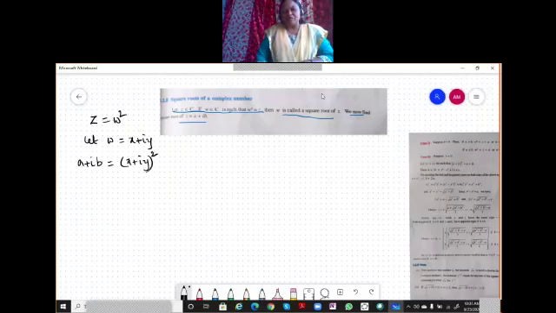So a plus ib is equal to, if we square this, we get x square plus iy whole square. What is iy whole square? It's nothing but i square into y square. What is i square? Minus 1. So here we get x square minus y square, we are very much familiar with this, plus i into 2xy.